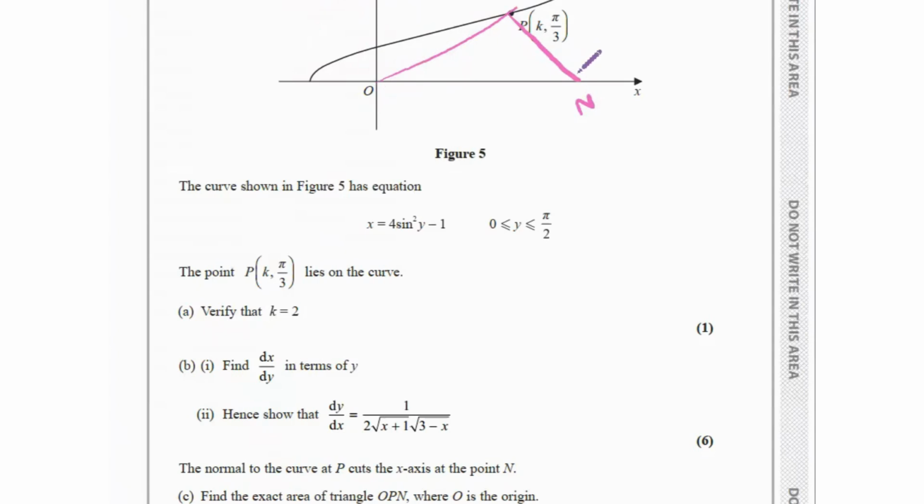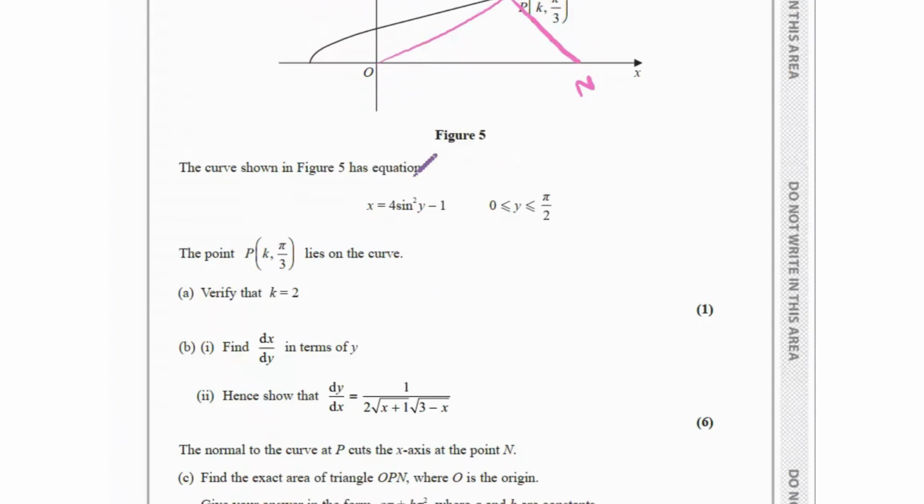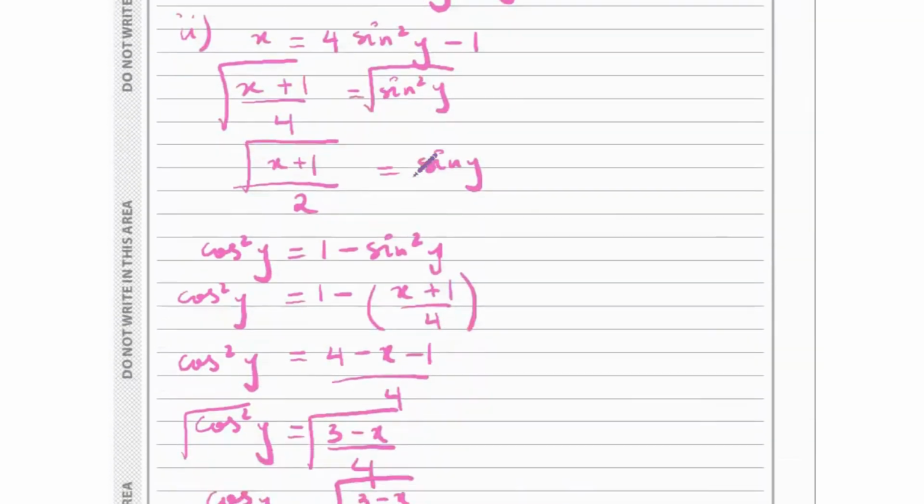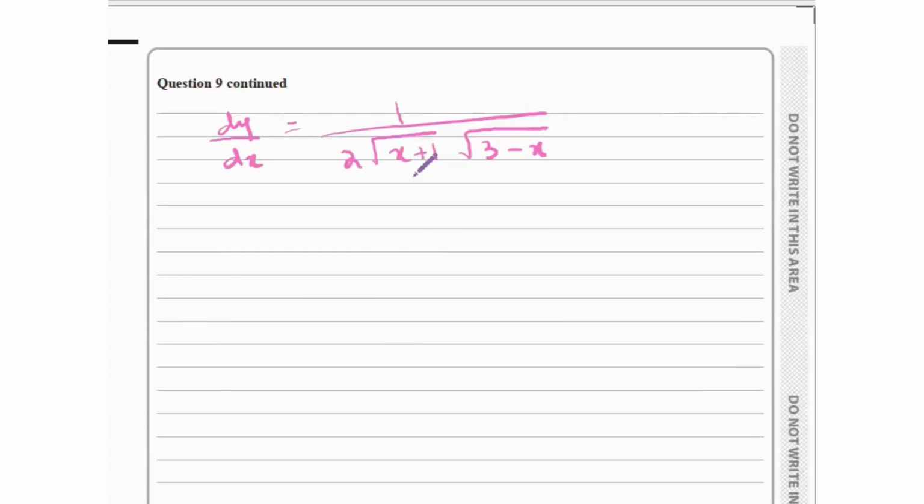So what we can do is, using the gradient of the curve, we can find the gradient of the normal, create an equation to find the value of N, and then use that to figure out the area. Okay, so let's start by finding the gradient of the curve first.